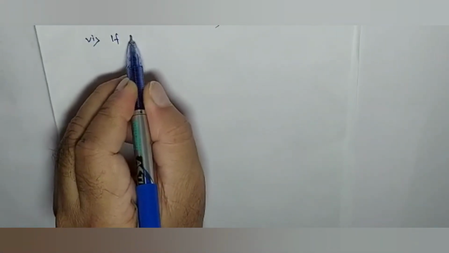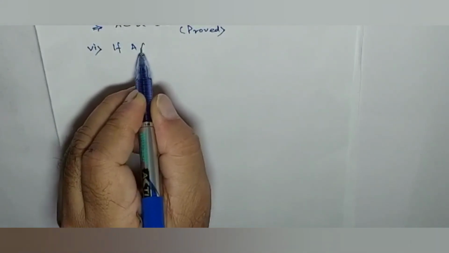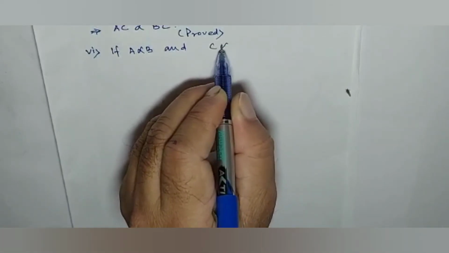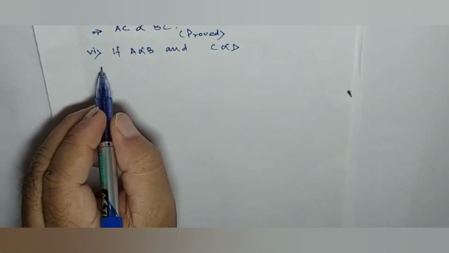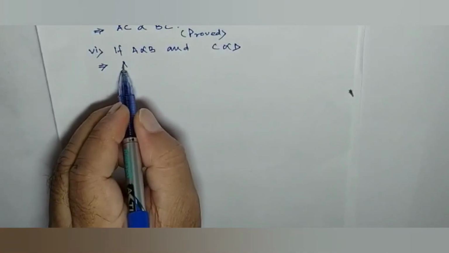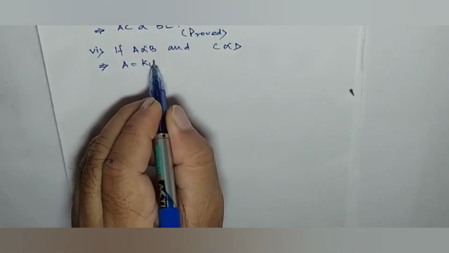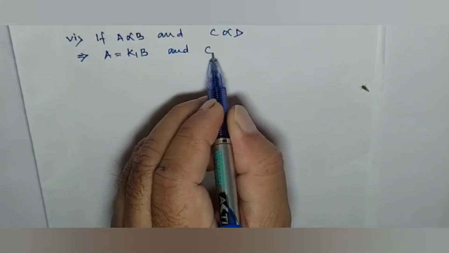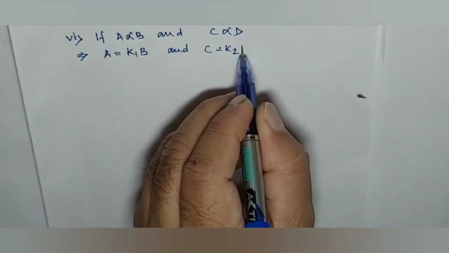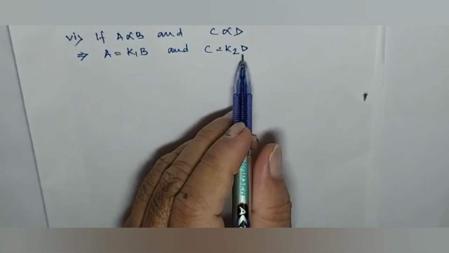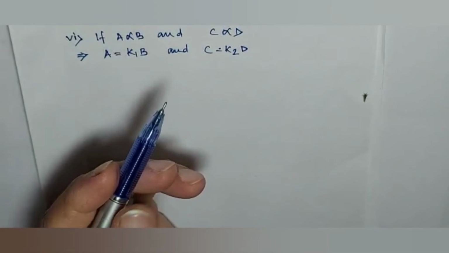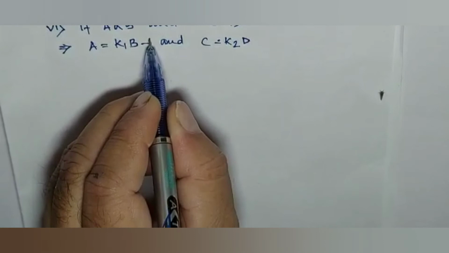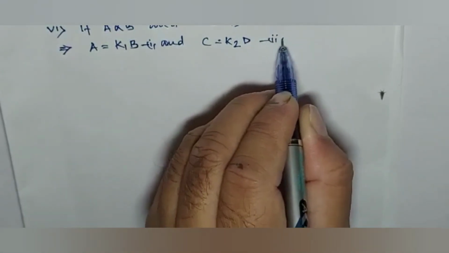Number 6, if A proportional to B and C proportional to D, then A is equal to K1B and C is equal to K2D, where K1 and K2 are non-zero variation constants. This one is equation 1 and this one is equation 2.